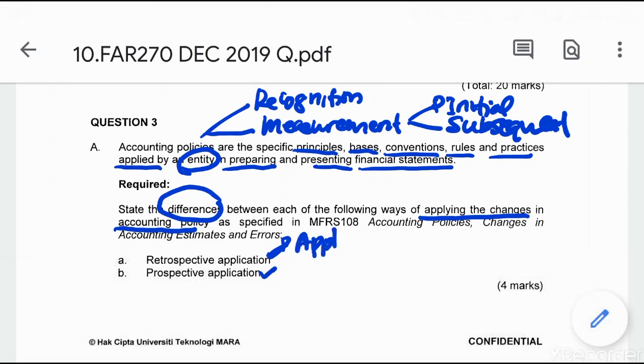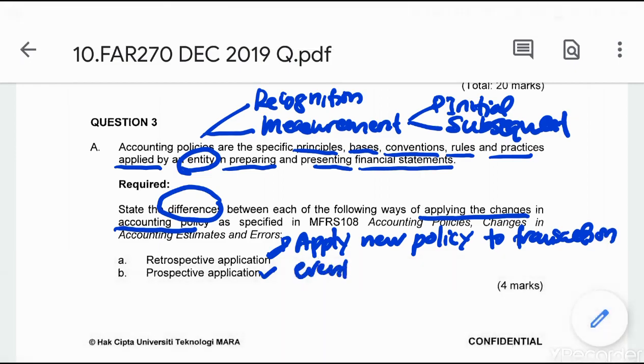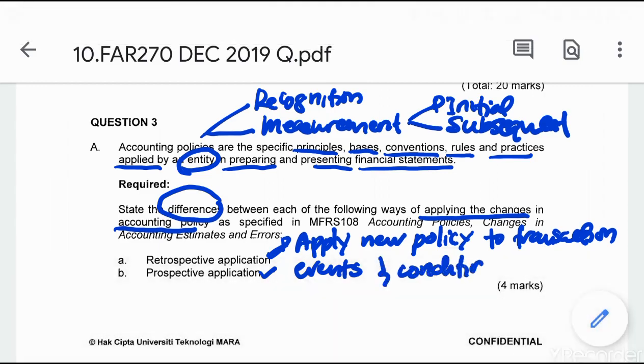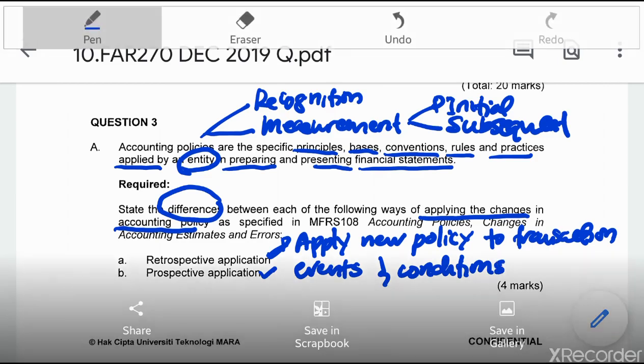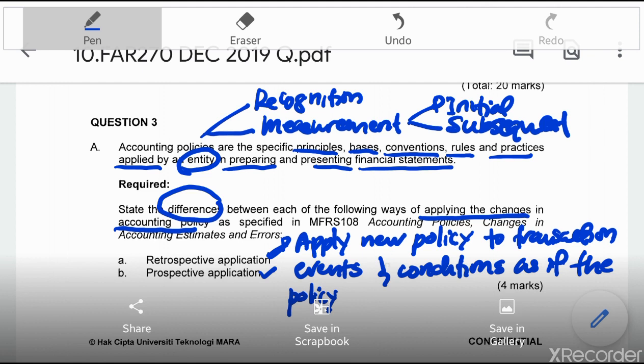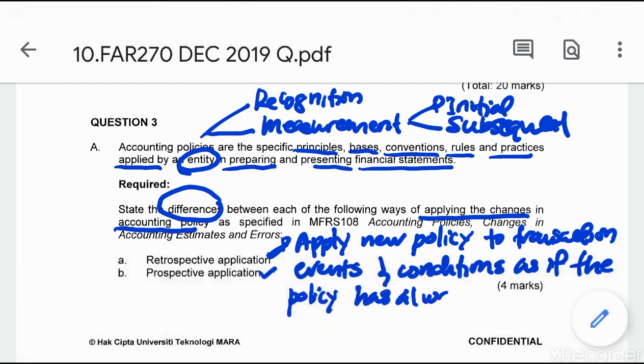We are trying to apply the new policy, because we say changes in accounting policy, apply the new policy to any events, any transaction, and condition, as if the policy has always been applied by the company.